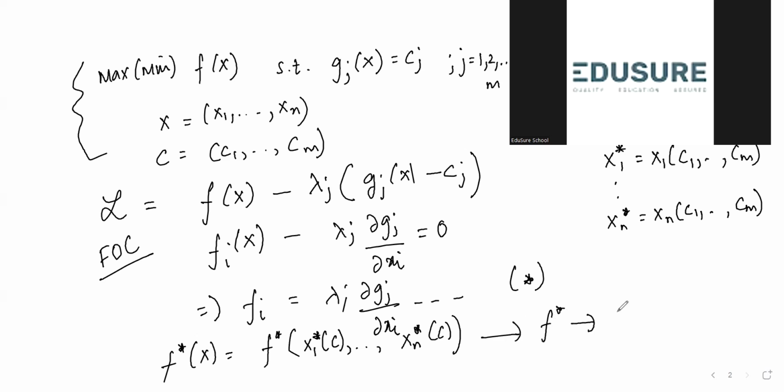This f star is ultimately a function of c, where c is the vector c1 to cm. All right.